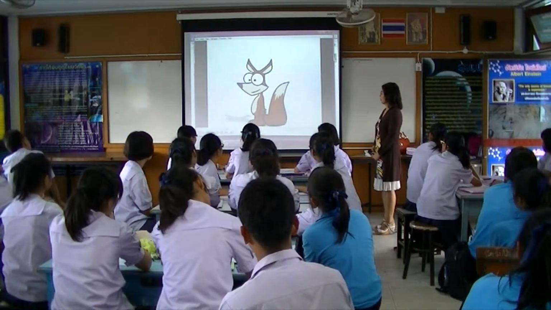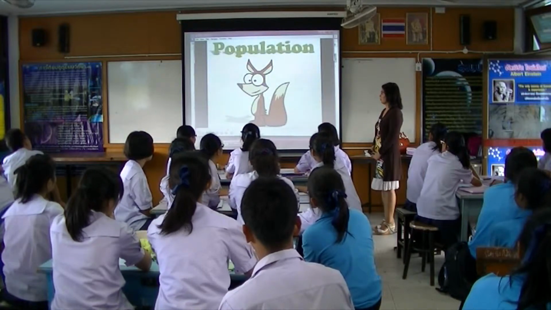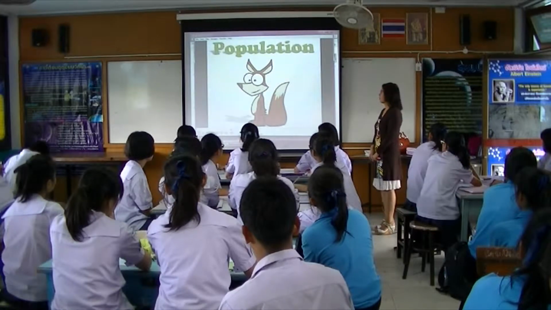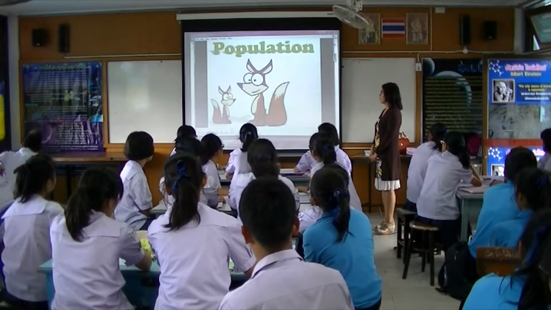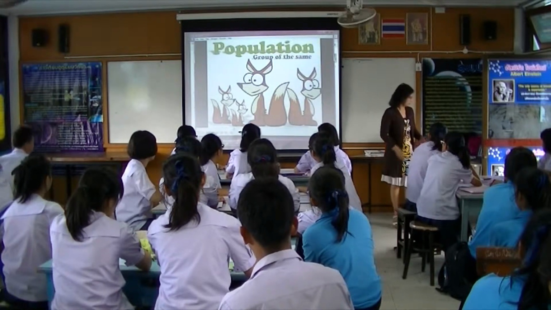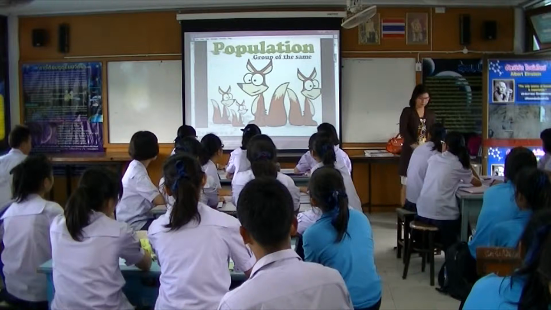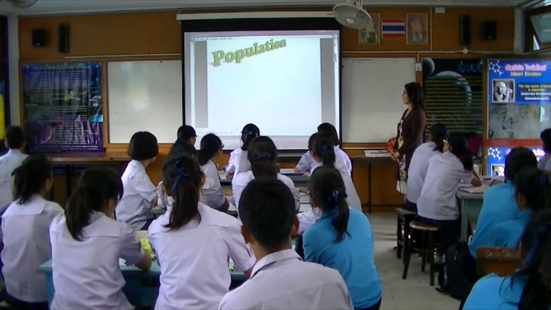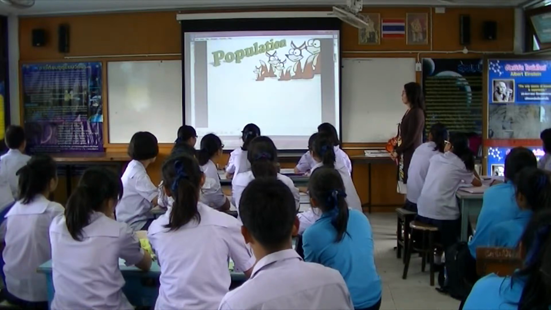But if I wanted to make an organism fit the definition of a population, I'd have to change a few things. I have to add more foxes to this picture because a population is a group of the same organisms. So a population would be a group of foxes all living together.